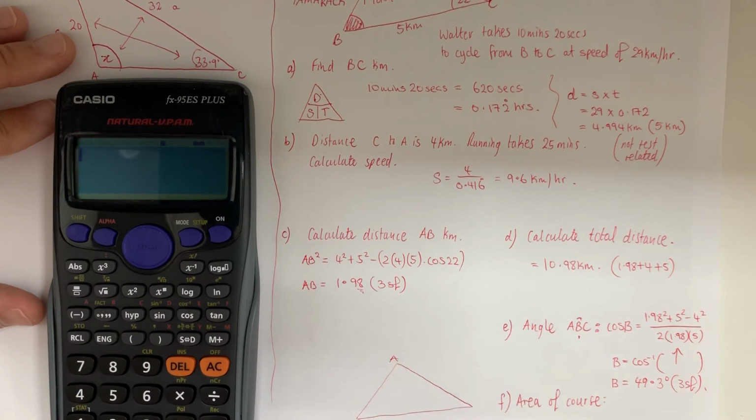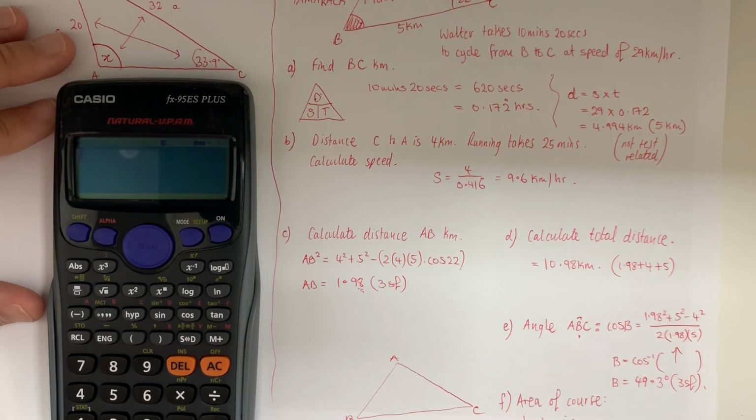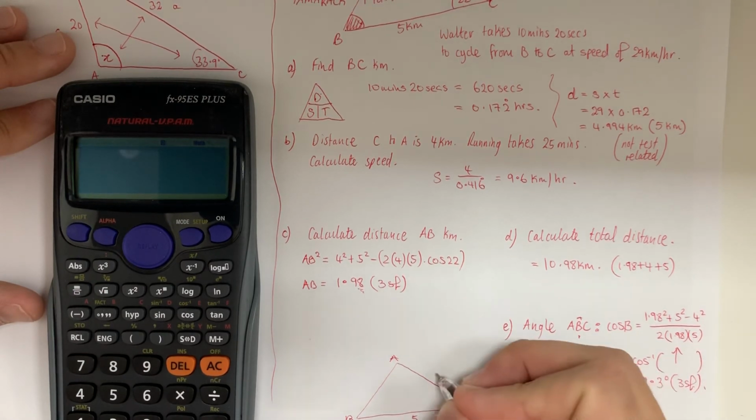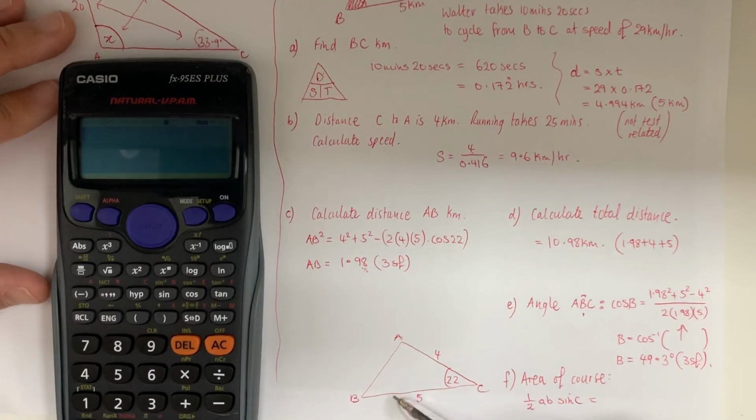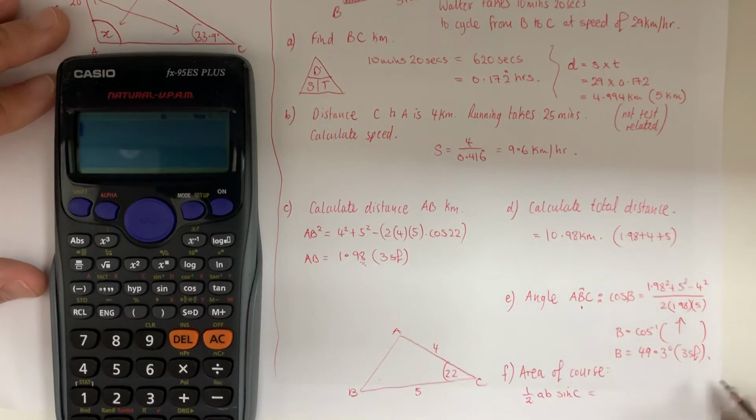You got A, B, and C. And all you need for the area is a half AB sine C. So just pop in ones that you need. What do I need? I'm going to just use the reliable ones. 5 is here, 4 is here, and 22 is here. Why would I use an angle here that could possibly be wrong? So I'm going to go for the reliable numbers.